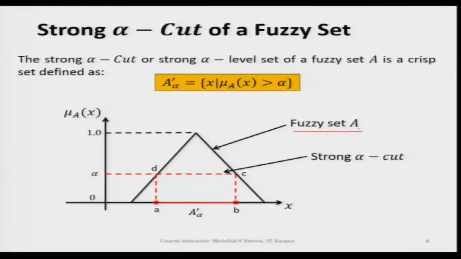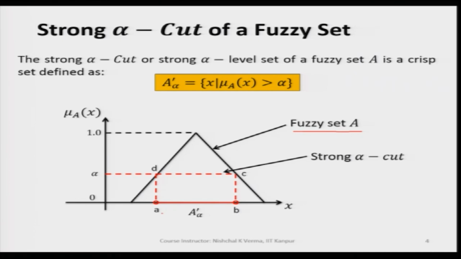So, if we take a fuzzy set A in this example, and we are interested in finding the strong alpha cut of the fuzzy set, please understand that since the equality sign is not there, only the membership values which are greater than alpha are included.